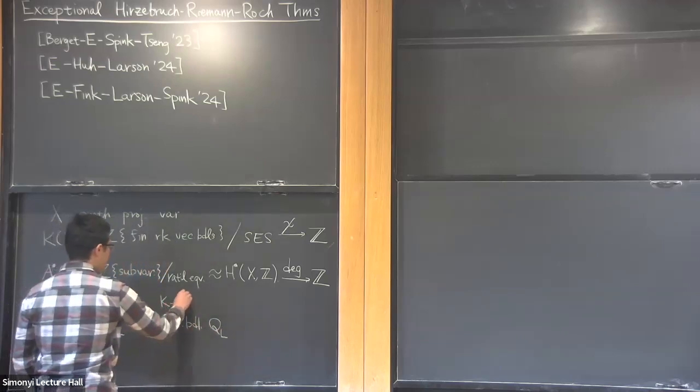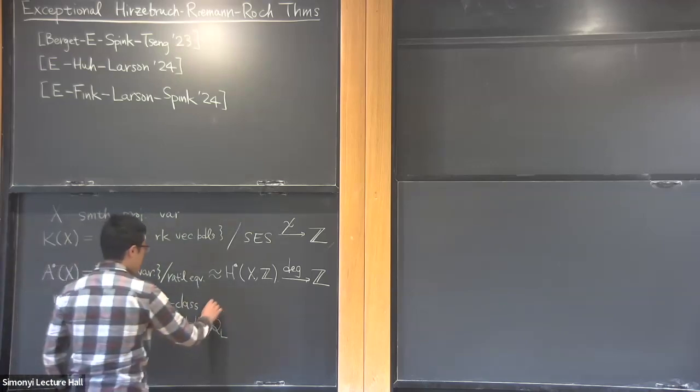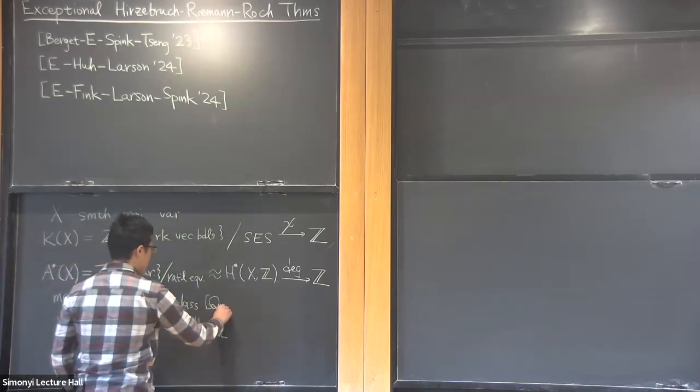And in general, if my matroid is not actually a genuine linear subspace, one can build a K-class.